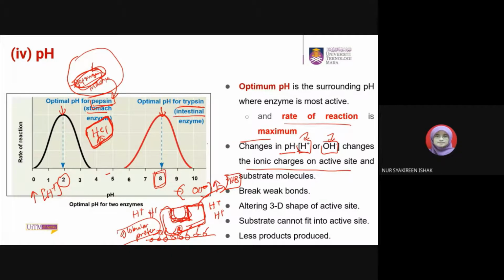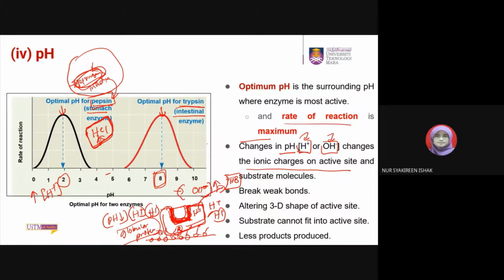But if you lower the pH, you will have excess hydrogen ions. The presence of these hydrogen ions will interfere with the interaction of the side chains at the active site, and will disrupt, for example, the hydrogen bonds that hold the active site.